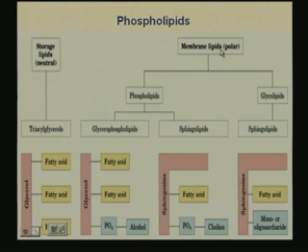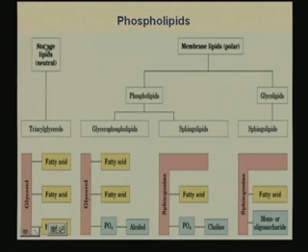So, the membrane lipids are polar in nature. Because they have a phosphate group attached, we will see what that means in a minute. Phospholipids are glycerophospholipids or sphingolipids, and glycolipids are other sphingolipids. Glyco means you have sugar. Whenever the prefix glyco comes in, it means there is sugar present.